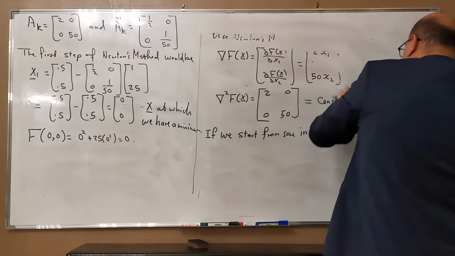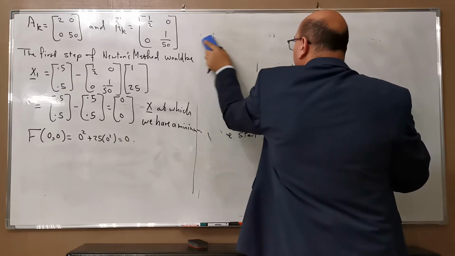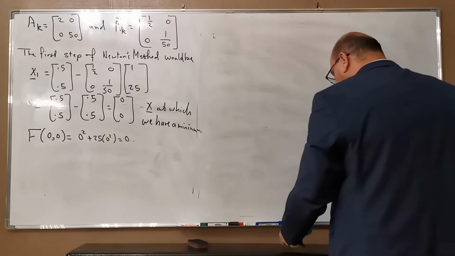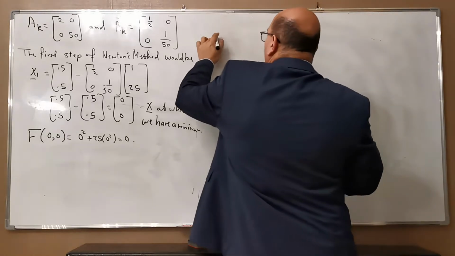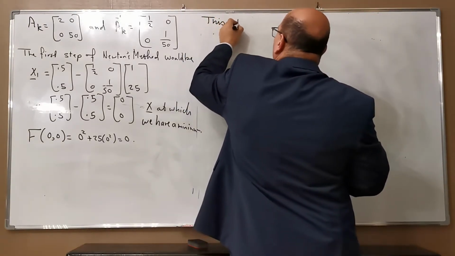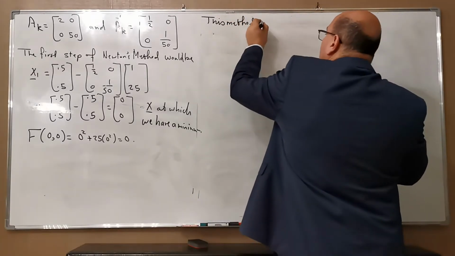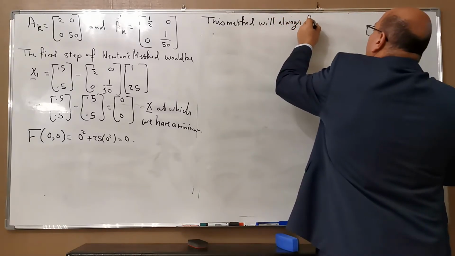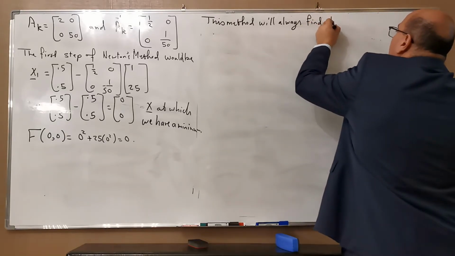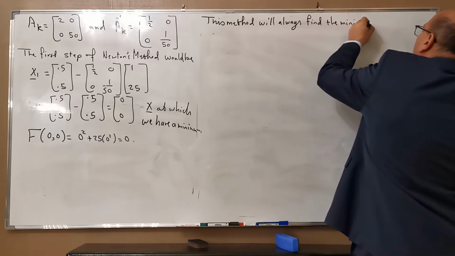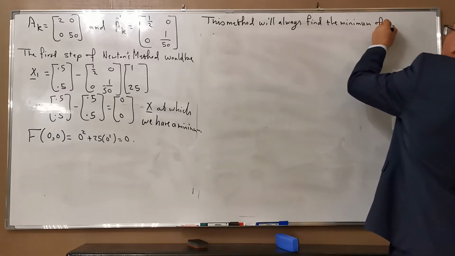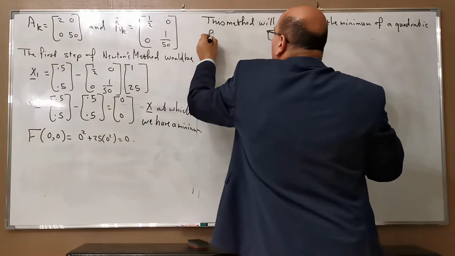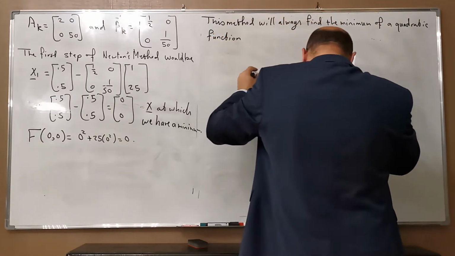What we have noticed here is that if you have a quadratic function, as we have in example 1, you would reach the minimum in one step. So Newton's method will always find the minimum of a quadratic function in one step.